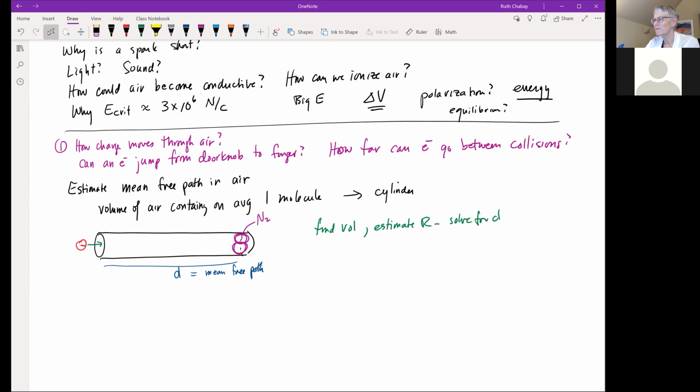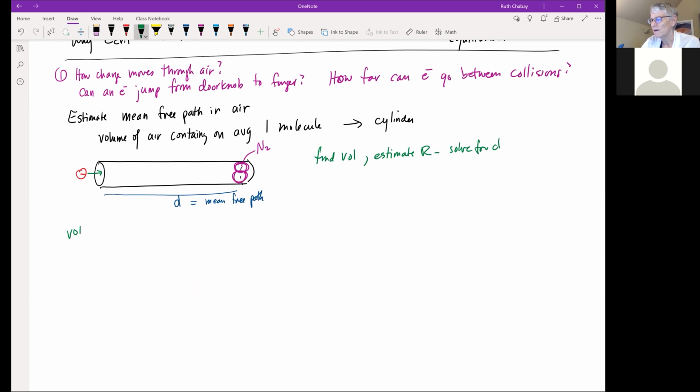First of all, the volume. So what's the volume? Well, we want cubic meters per molecule. We have 22.4 liters per mole at STP, and 1 mole is 6.02 times 10 to the 23rd molecules. We need to convert to SI units.